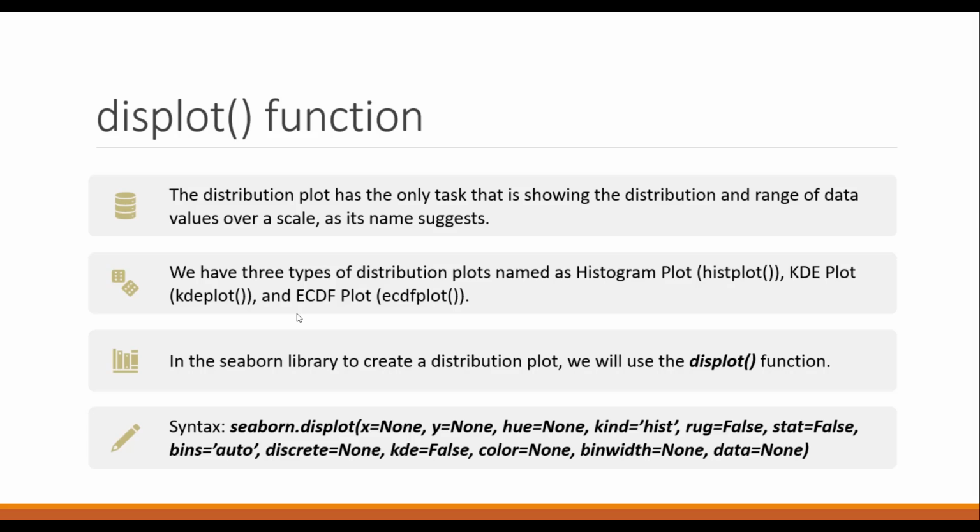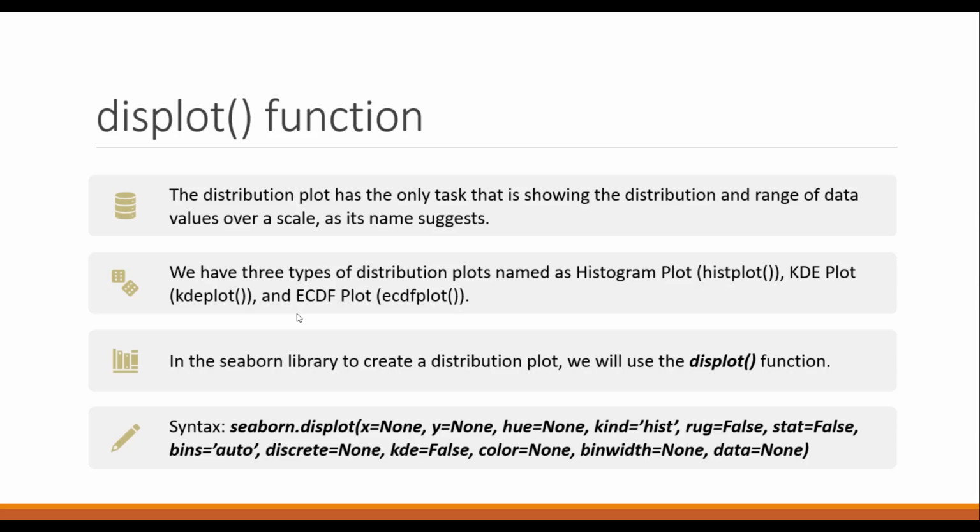The next one is color. When hue mapping is not used and you want to specify one color for the bins, you can choose this keyword argument. The next one is binwidth. It specifies the width for each bin. And the last one is data. It is nothing but the dataset that is being used.